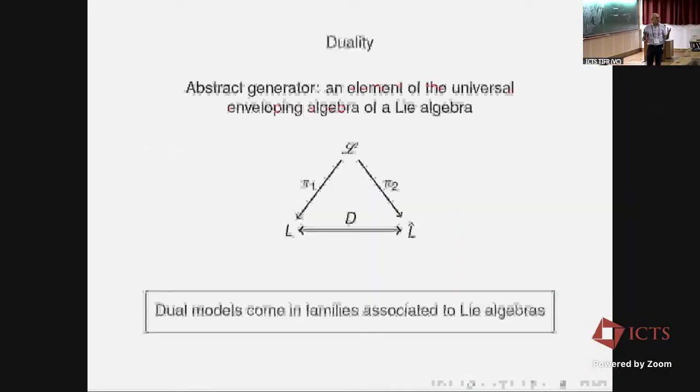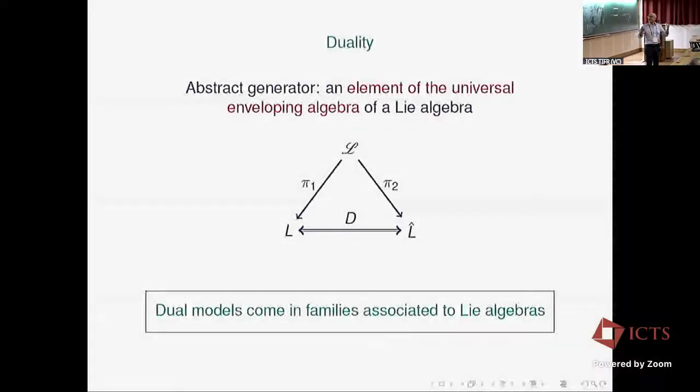Going back to the remark at the very beginning, it's convenient to have an algebraic approach where the generator of the process is recognized as the realization of an abstract element which lives in the product of the generators of some algebra. This is the universal enveloping algebra of a Lie algebra.